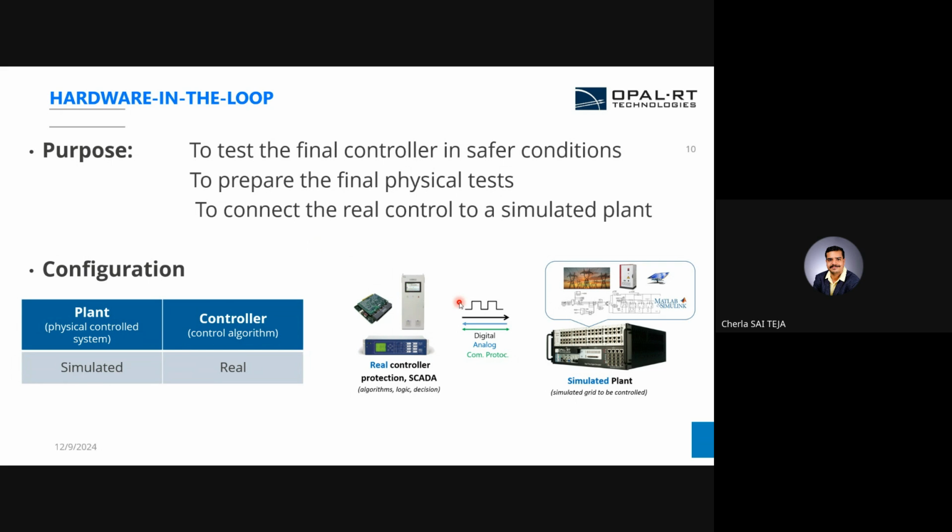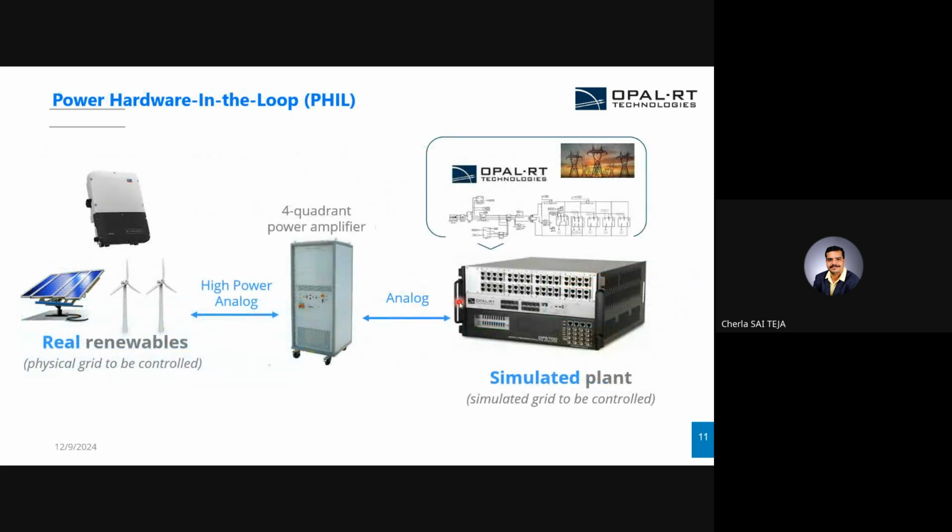Now, coming to power hardware in loop testing. Before going to physical testing, this is an advanced level of hardware in loop testing where, along with a real controller, we include some part of a real plant in the simulated environment.